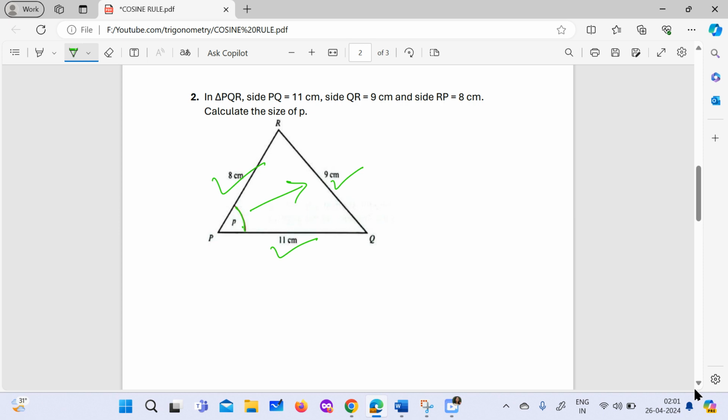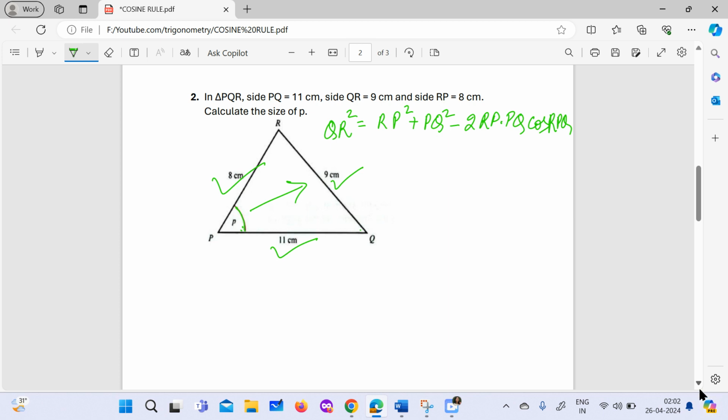Since this is the angle in question which we have to find out, this will become the subject, that is QR square equals RP square plus PQ square minus 2RP times PQ cos RPQ.